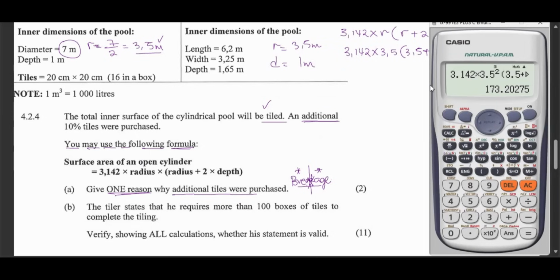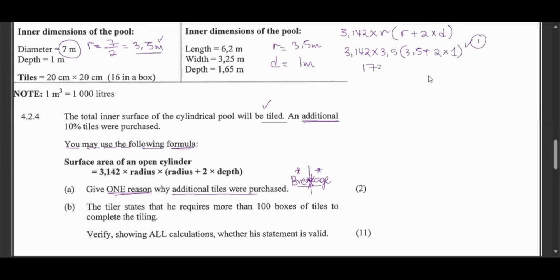Don't get scared. Write the answer the way you see it there. But remember, we are rounding off to 2 decimal places, 2 numbers after the comma. So I will have my answer as 173,20. These are meters squared.